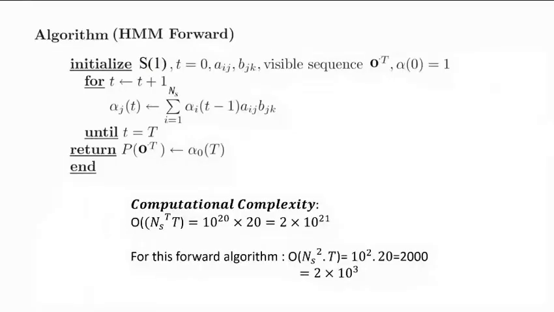The calculation that earlier was of the order of 2 to the power 2 into 10 to the power 21 will now, with this type of alpha calculation, be of the order of 10 to the power 3 for the same problem. So we have a huge reduction in calculation.